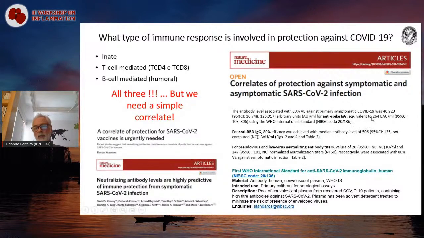But more important, this paper describes potential levels of antibody that is associated with protection, and also neutralization titers when the assay measures pseudovirus or live virus. And the parameter to establish these target values are now... I entered the site yesterday.